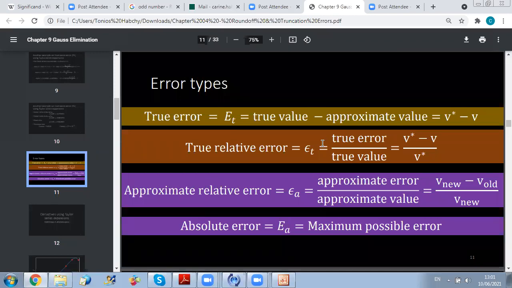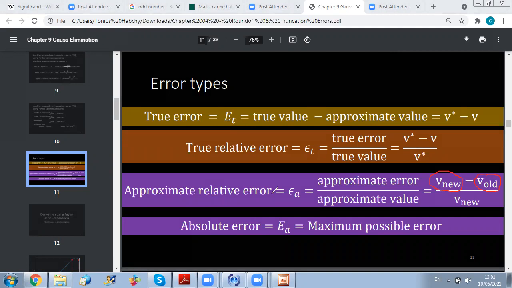And we expect, if our solution is converging, that the higher the number of iterations, the more the error tends to decrease. So in this way, we can define, based on the iterations, a method for the approximate relative error. This method takes into consideration, when you do iterations, the final value that you get from the final iteration, minus the value that you had from the previous iteration, over the new value you are getting. So this will give you an approximate relative error.